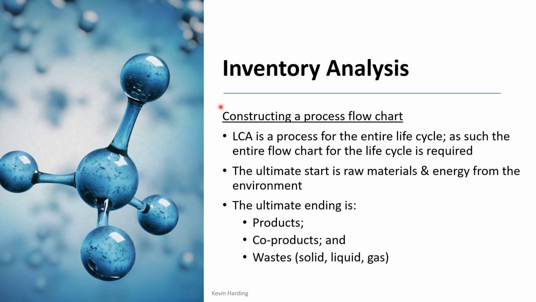So we want to have the flow sheet from the beginning all the way at raw materials on the left-hand side, or energy from the environment, with the ultimate ending being the product, as we had on that original diagram. Some of the problems associated here may be that we have co-products. There are ways to allocate the environmental burden across the products, which I'm not going to worry about, or how we allocate things. We're not going to worry about that here. Then obviously we also want wastes, the solid, liquid, and gas.